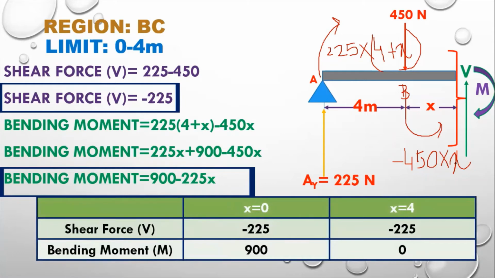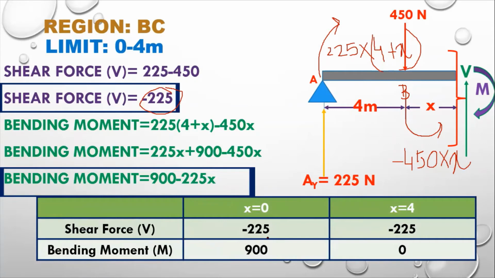Because we are taking x from point B, that's why x is 0 and x is equal to 4 meter. So we will put the values 0 and 4 of x in the shear force equation and bending moment equation. The shear force answer will become minus 225 because it has no x.